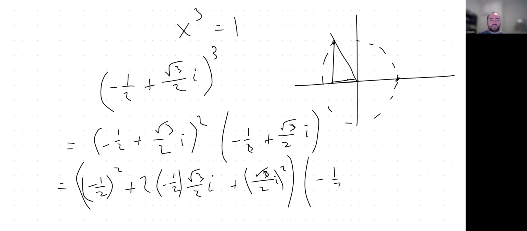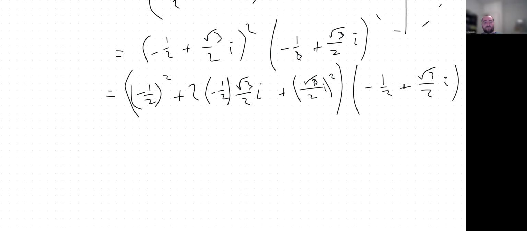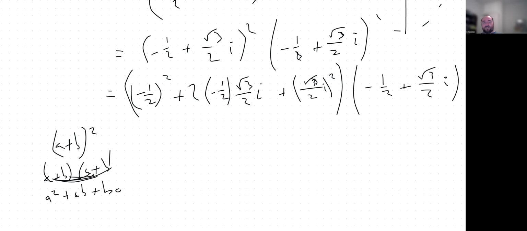This is because when we do a plus b squared, as an aside, you can confirm how this works by yourself, we're going to end up with a plus b times a plus b. So we have AA, AB, BA, BB. So we have a squared plus AB plus BA plus b squared. So that's 2AB right there.